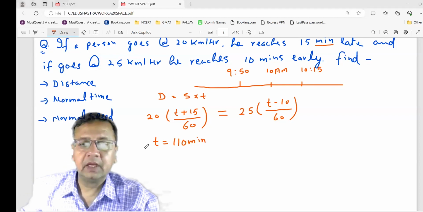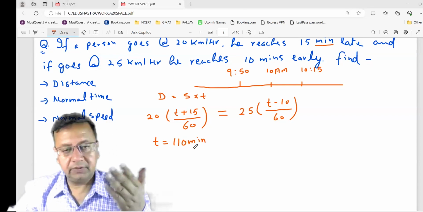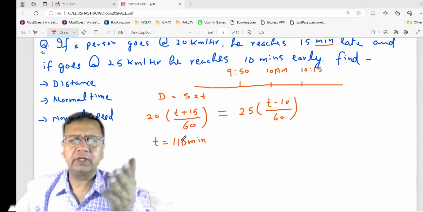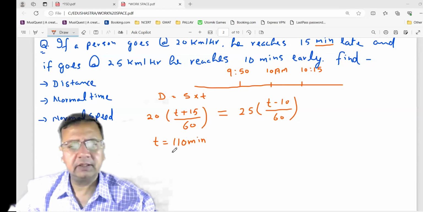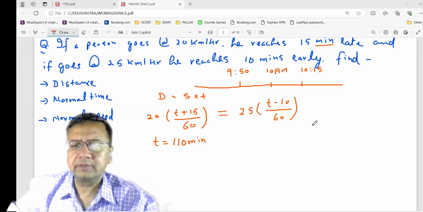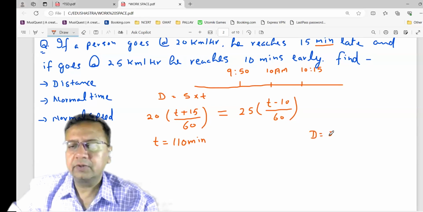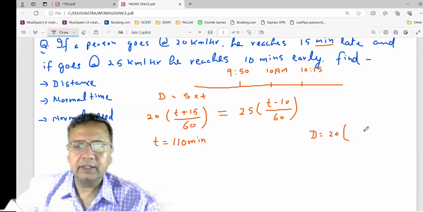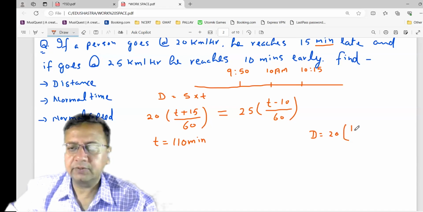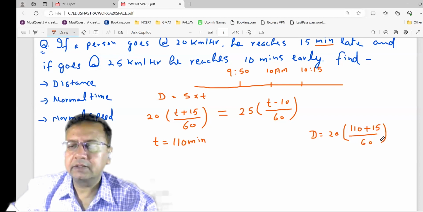Now you're getting a time. So put it in the left part or the right part, and you will get the distance. So distance is equal to what? 20, and t we are getting 110, so 110 plus 15 divided by 60, and this is your distance.